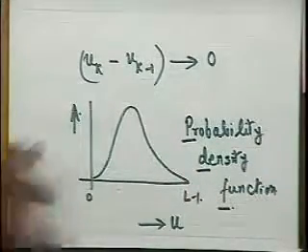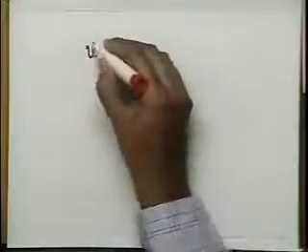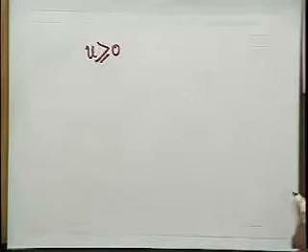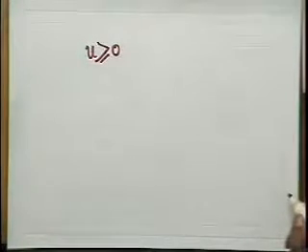So the PDF will be of this nature. Now let us consider an image pixel whose intensity value is u, and u is greater than or equal to 0, because as you know, the image intensity cannot be negative. It can be either 0 or greater than 0.